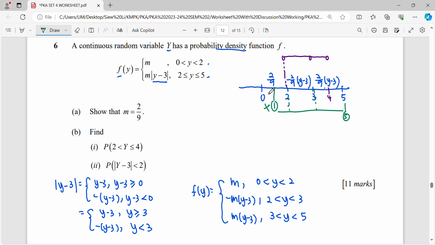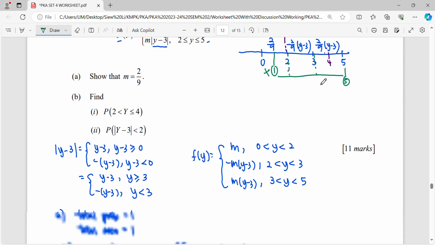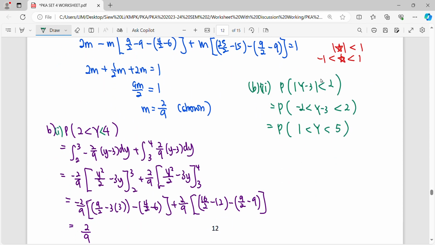It will be faster for us to calculate. Otherwise, you need to integrate 1 until 2 this function, 2 until 3 this function, 3 until 5 this function. 3 integrations to go. So do it reversely: 1 minus the region we don't want, which is 0 until 1 for the function 2 over 9.